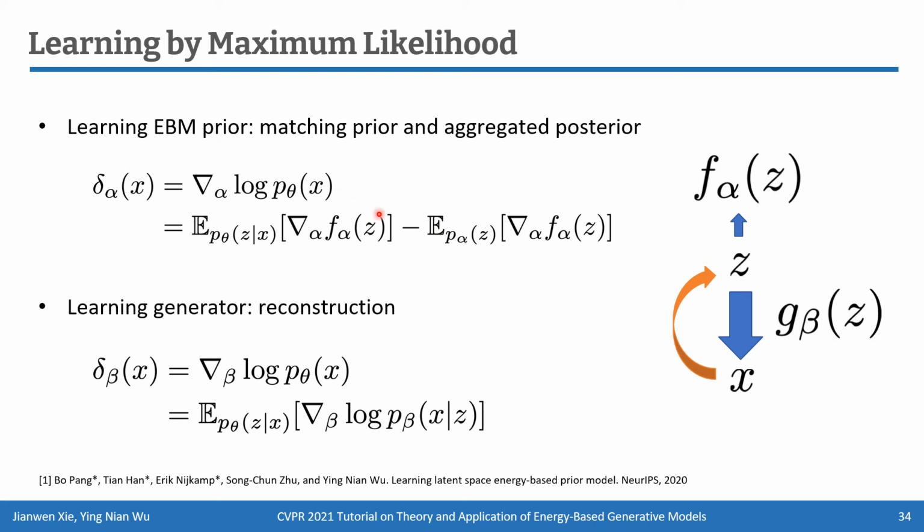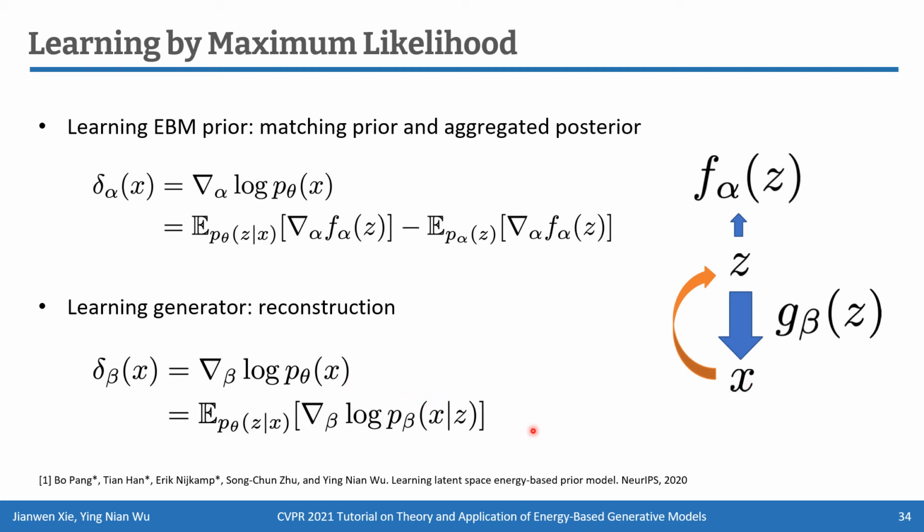So this is like a data part, and this is like the model part. We want to match the model to the data. However, here, the data is actually the posterior distribution of Z given the observed X. And in fact, after learning, we match this prior distribution with the aggregated posterior distribution, averaged over all the observed X. And the learning of the generator is still the same as before.